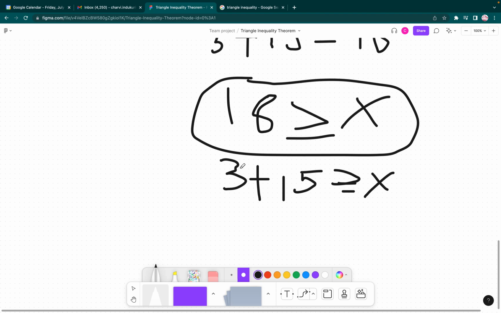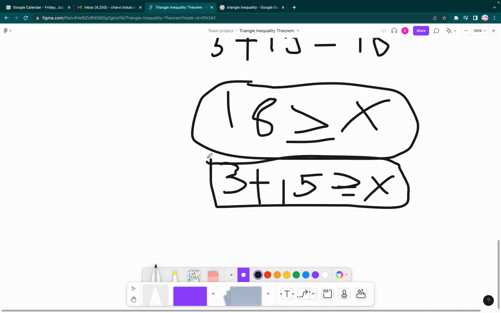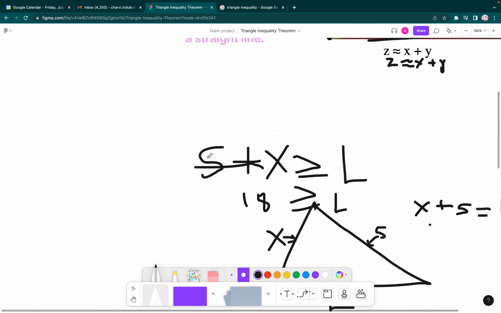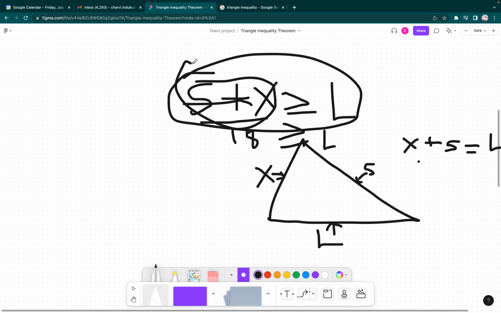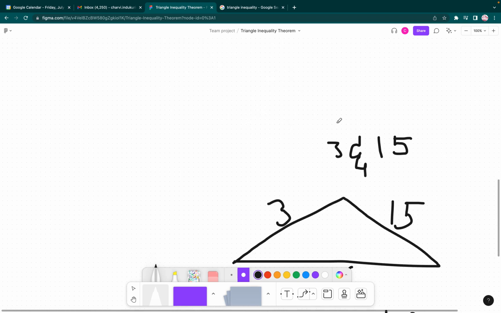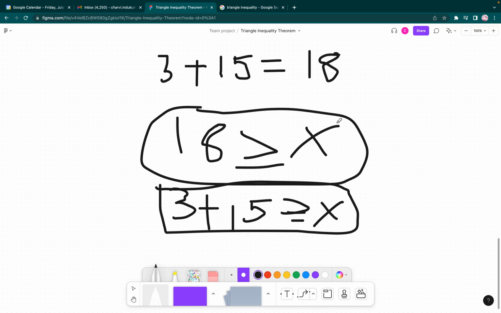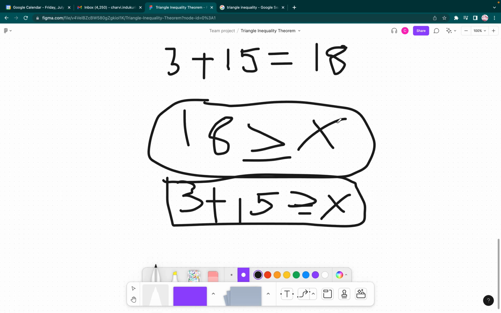And this equation is kind of the same as this equation. Why? Because you're adding the smaller sides, and then you're saying that these smaller sides are greater than or equal to L. Okay? I think that makes sense.